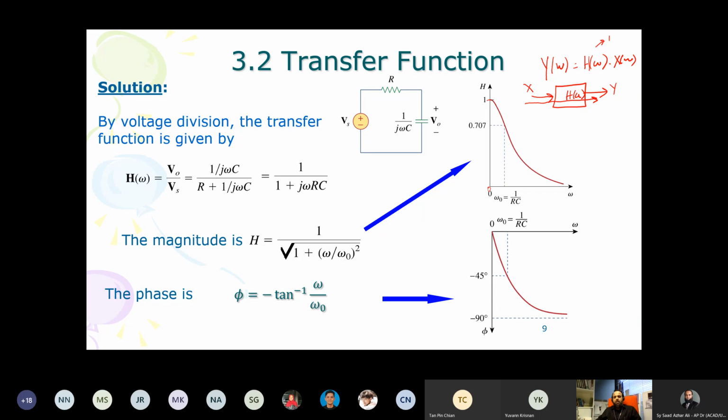Okay. And suppose I start increasing the frequency, it is decreasing a bit, and if we go to higher frequencies, let's say this frequency is 10. What is happening when the frequency is 10?